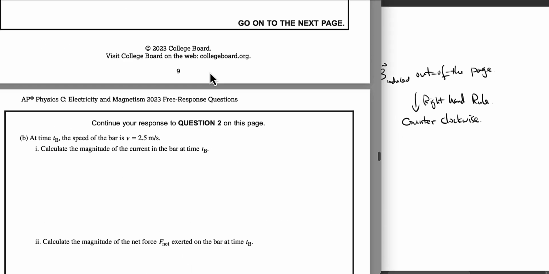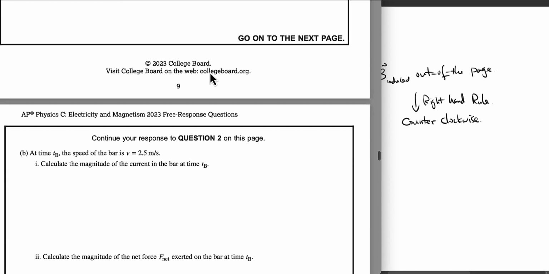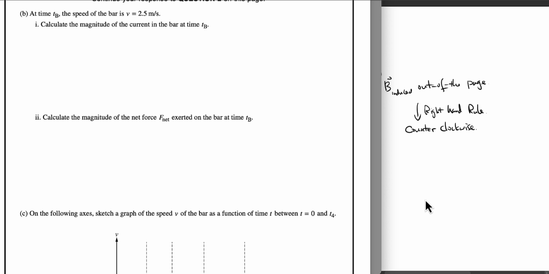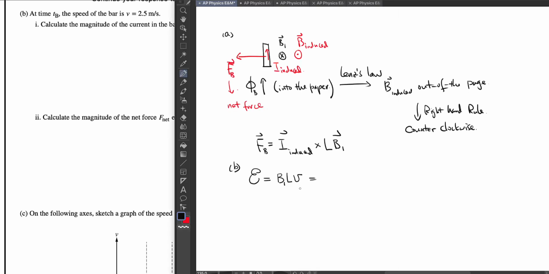And let me see, B1 is 0.5, B1 is 0.5 and L is 0.4 meters. V is 2.5. So the induced EMF is about 1.67.